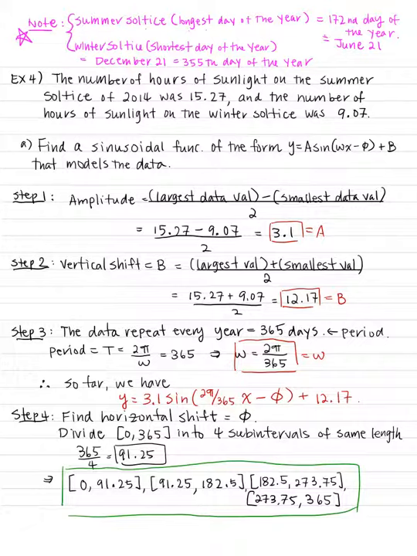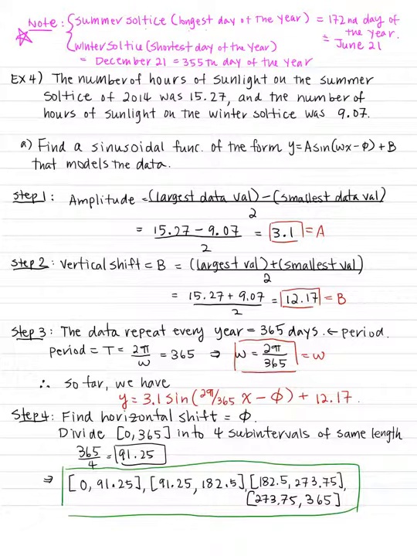For the next example, example 4, I did the number of hours of sunlight on the summer solstice of 2014 problem. I believe I wrote out everything in detail, so you should be able to follow it, so I'm not going to video this section. It's also going to be in your notes.